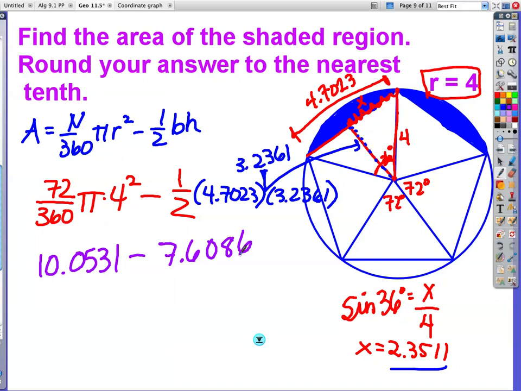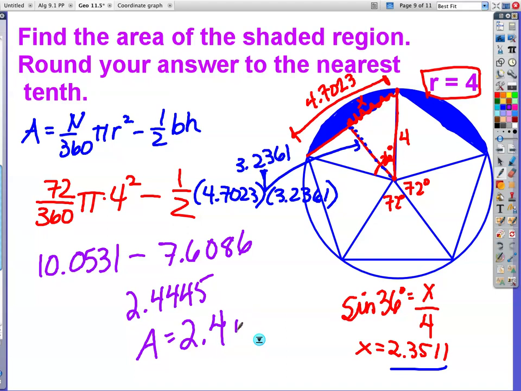Subtract those two, and I'm getting 2.4445, which we're going to round. We're going to say our area for the segment is 2.4.